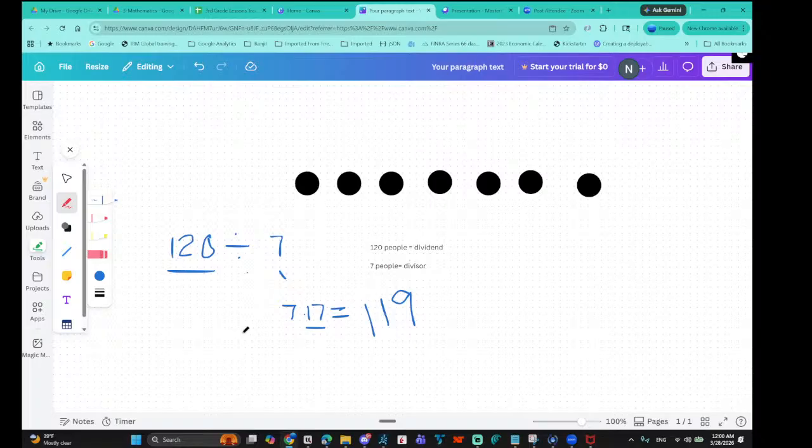So if you make 17 teams, each of 7 people, that would equal 119 people in 17 teams combined. And then you would have a remainder of 1. So your quotient would be 17 R 1. Okay, so I think we have gotten that figured out.